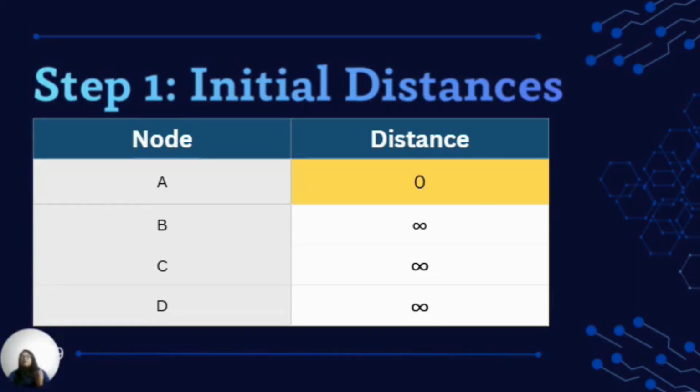At the beginning, we assign distance values. Since A is the starting point, its distance is 0. The distances to B, C, and D are set to infinity. Infinity simply means that we do not know how to reach them yet. This is the starting condition of the algorithm.